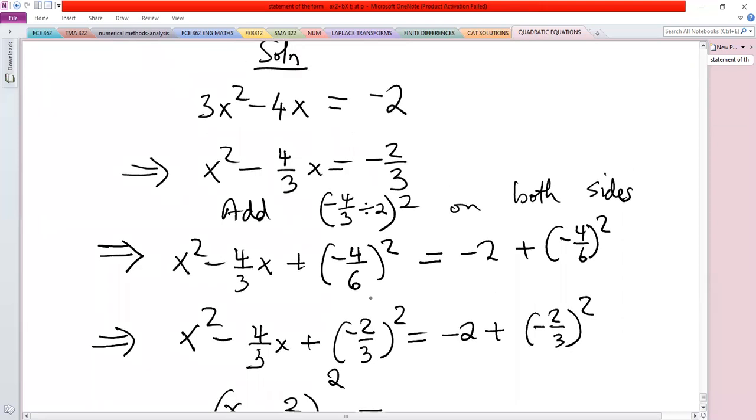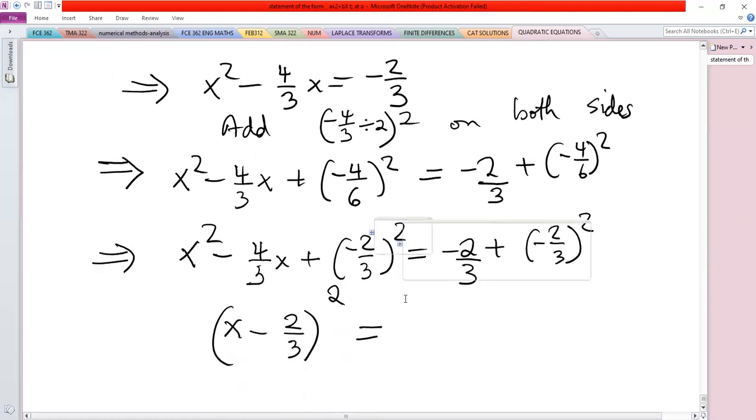Remember here, this is minus 2 over 3, not minus 2. So there's a 3 here, there's a 3 here. So we'll have minus 2 over 3 plus 4 over 9. That's minus 2 over 9.